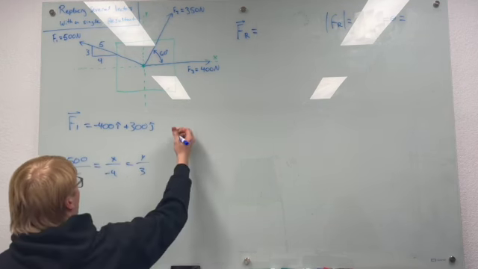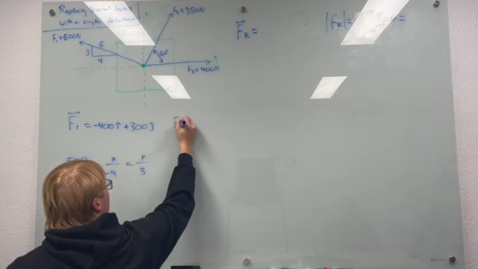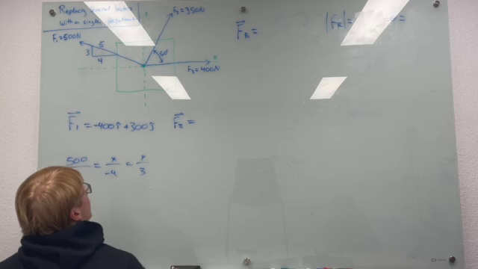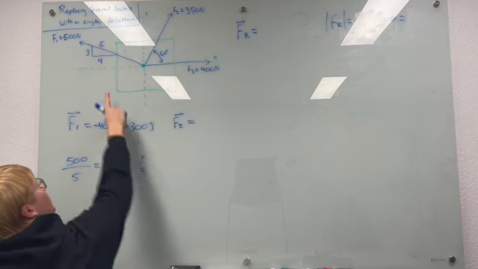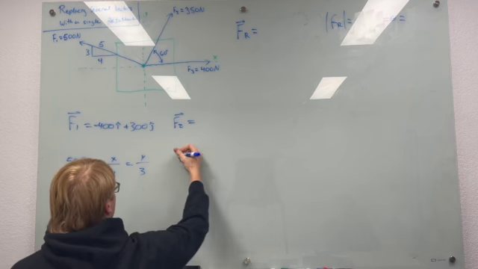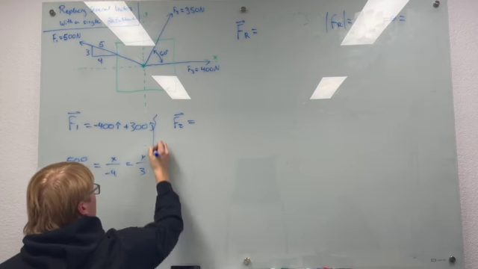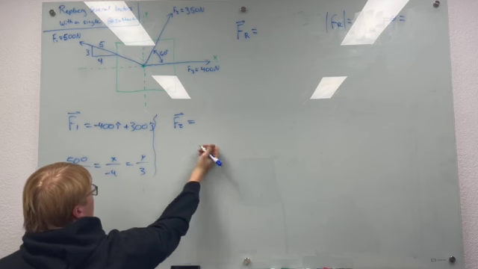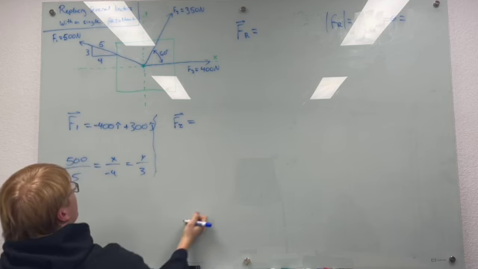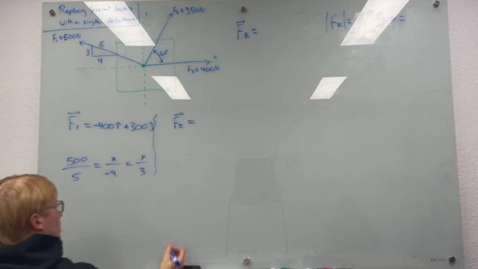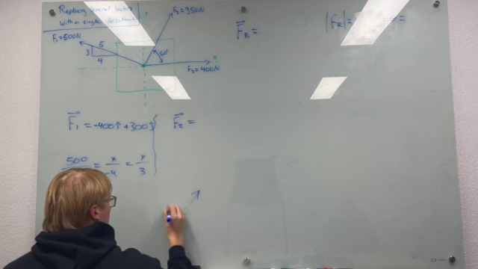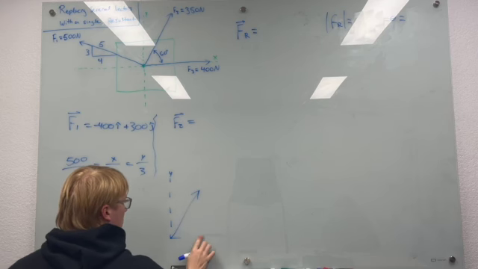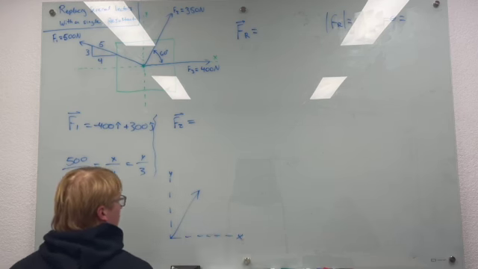And then when we write down F2 into its vector form, we're going to have to use trig, because it doesn't give us that small triangle, it gives us an angle, which is fine, we can do that. So envision, I'm going to draw, that's our y, and our x-axis.